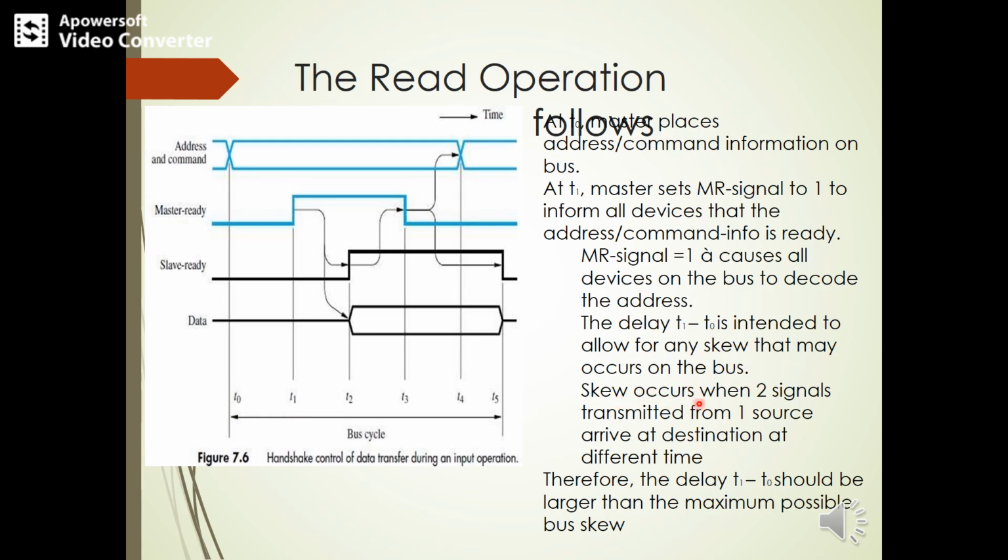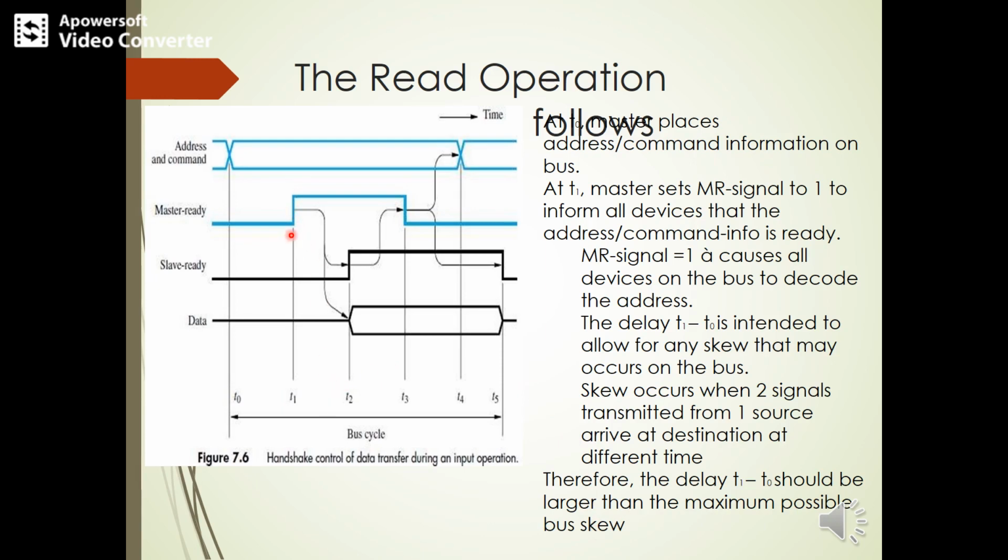Skew occurs when two signals transmitted from one source arrive at the destination at different times. Both signals are transmitted from the same source at the same instant, but to the same destination, they may arrive at different time intervals. Therefore, the delay T1 minus T0 should be larger than the maximum possible bus skew.